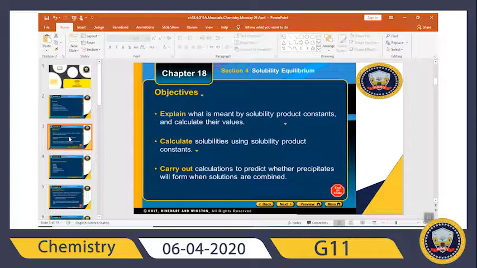Our objectives in this section are to explain what is meant by the solubility product constant, Ksp, and calculate their values. The second objective is to calculate solubilities using the solubility product constant. The third objective is to carry out calculations to predict whether precipitates will form when solutions are combined.